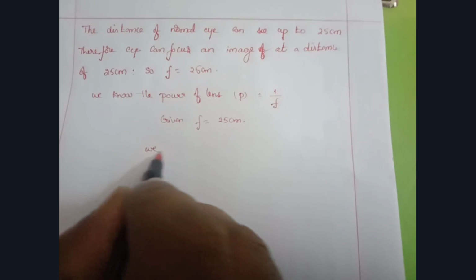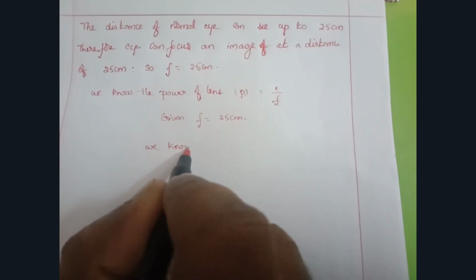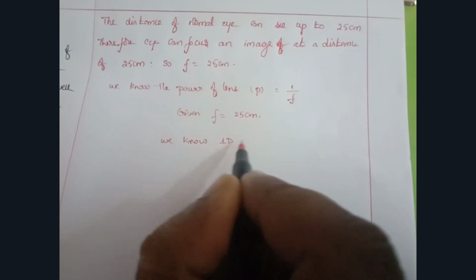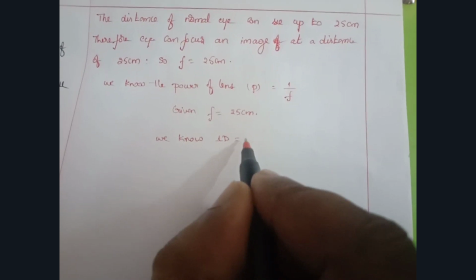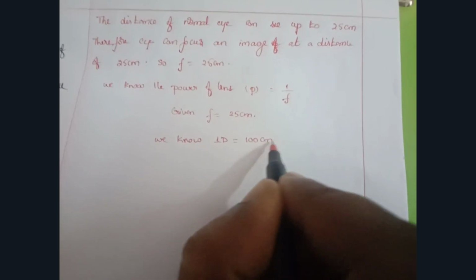We know 1 diopter is equal to 100 centimeters.